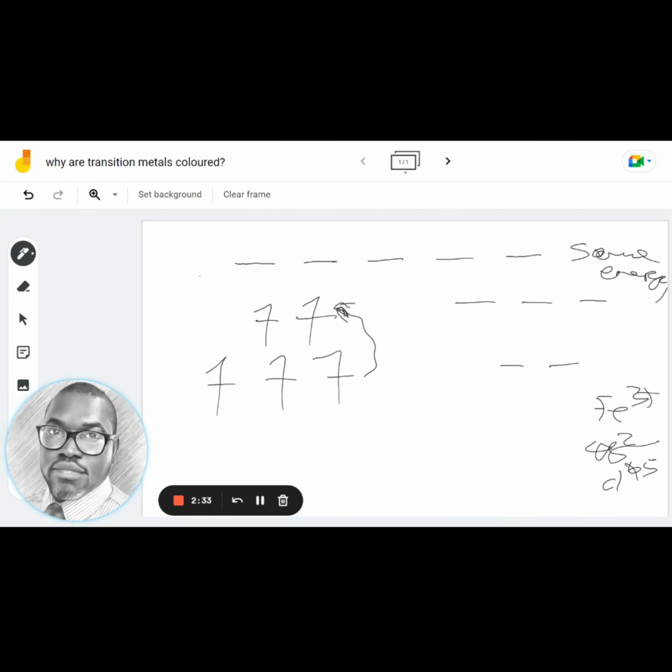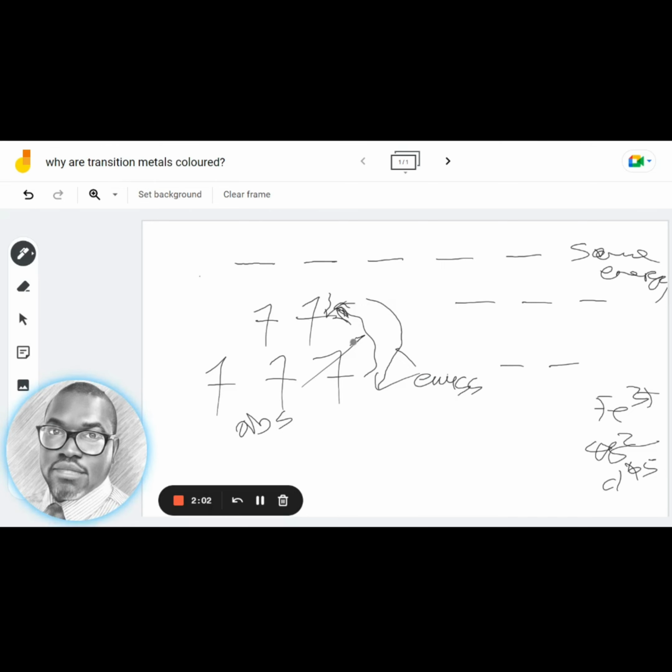It can't stay there forever, so it will lose that energy and fall back down, emitting a photon of energy. This is absorption, which we'll label as abs, and this is emission.